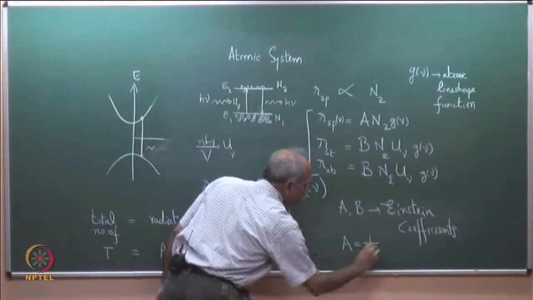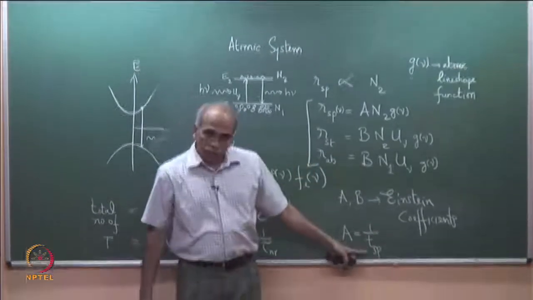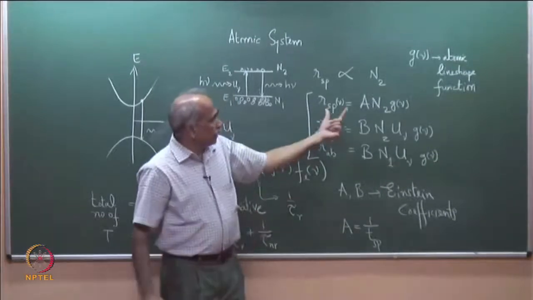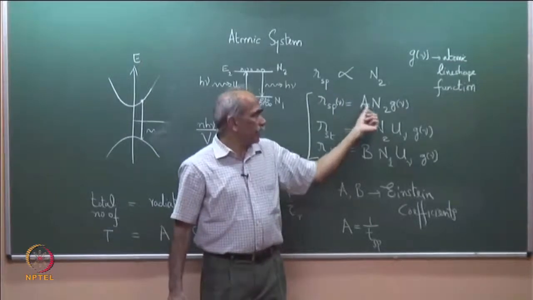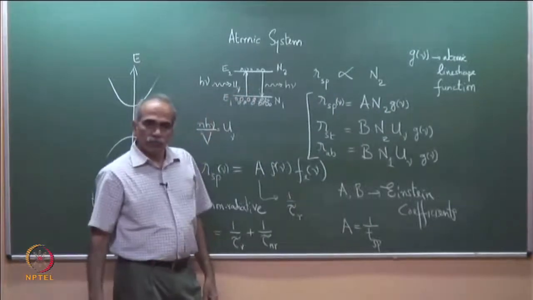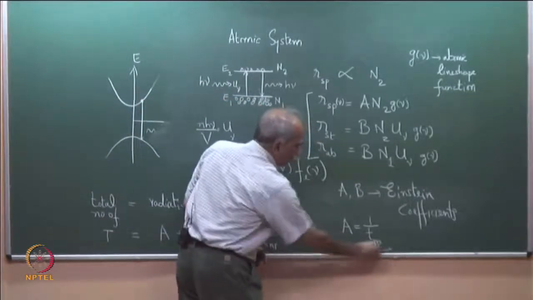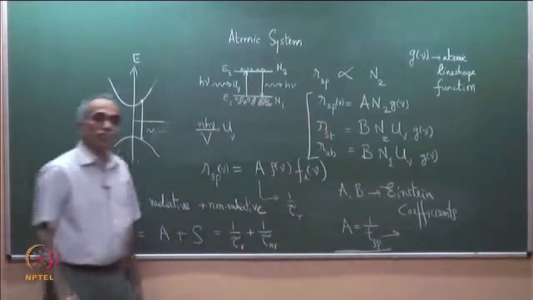You can write this as dN2 by dt equal to minus A N2 into G nu, and simplify, and you can show that A is equal to 1 over TSP, where TSP is the spontaneous emission lifetime.